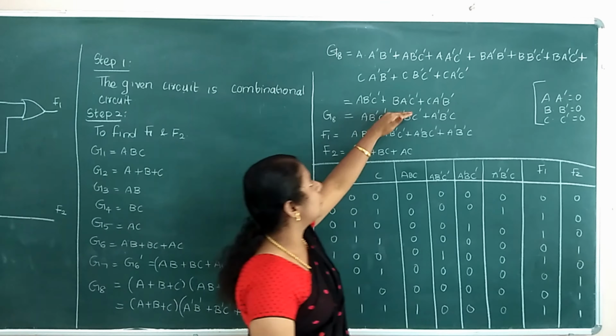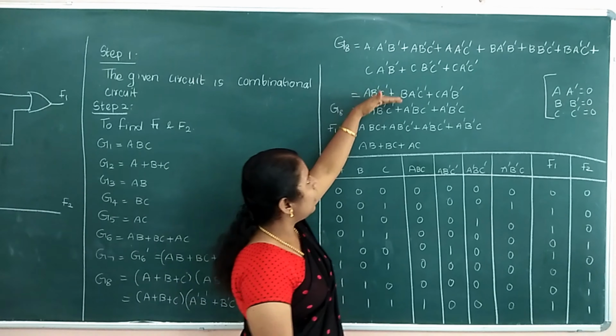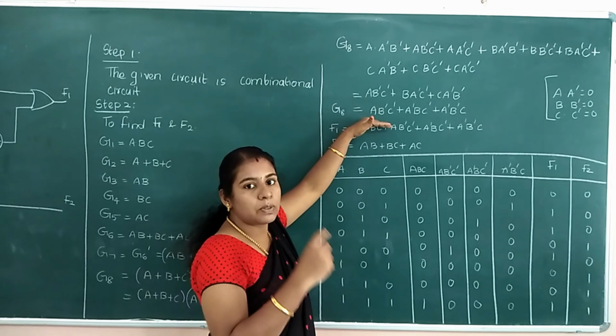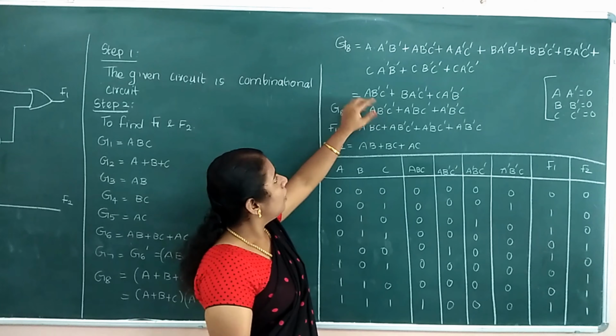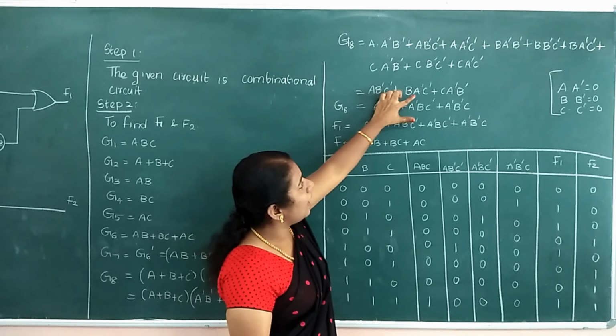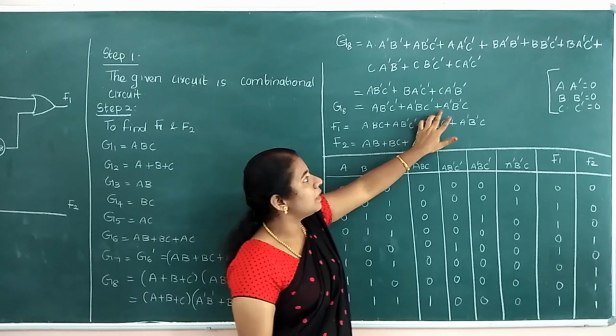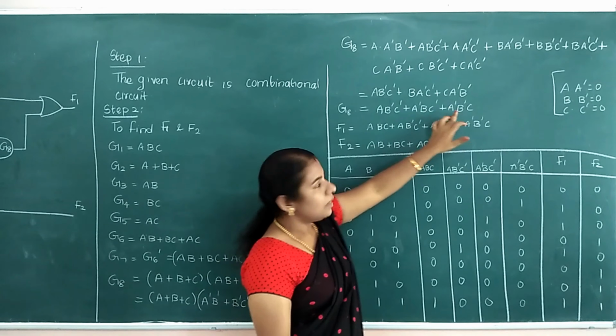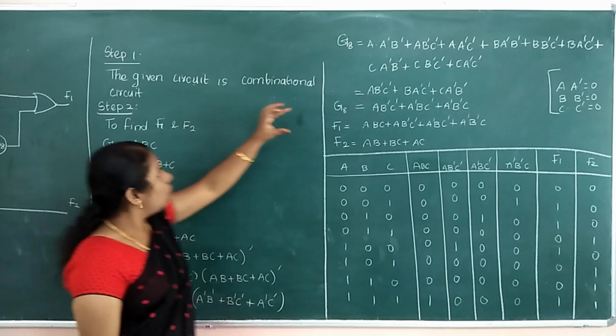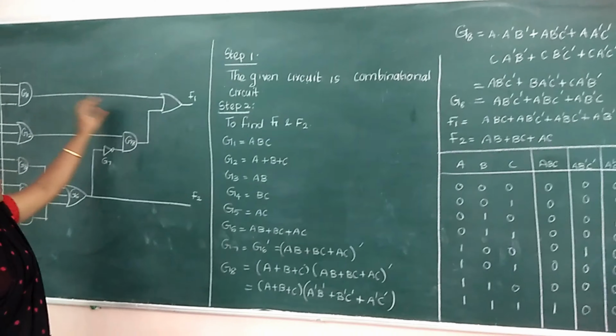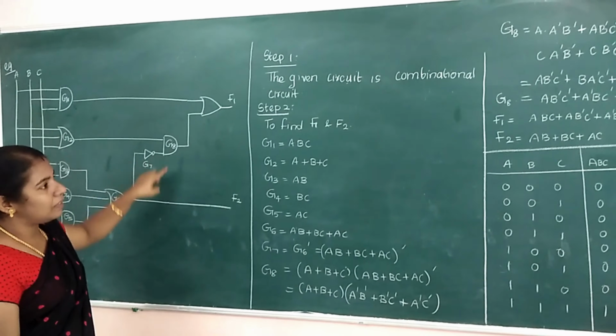The remaining terms are A B' C' plus B A' C' plus C A' B'. Then we rearrange the equation in terms of A, B, C: A B' C' plus A' B C' plus A' B' C. This is G8. Now F1 equals G1 plus G8.